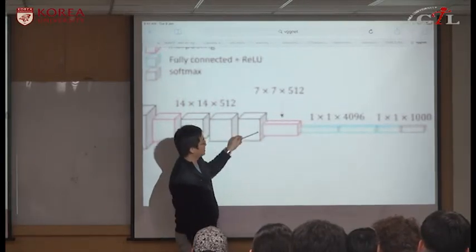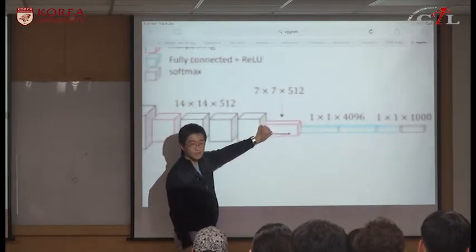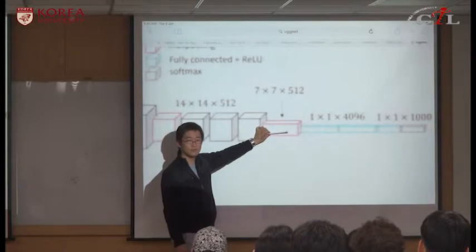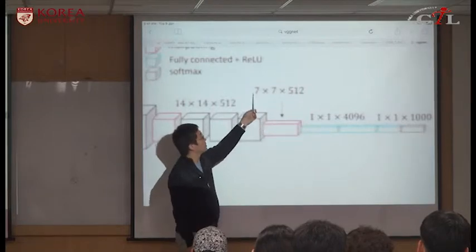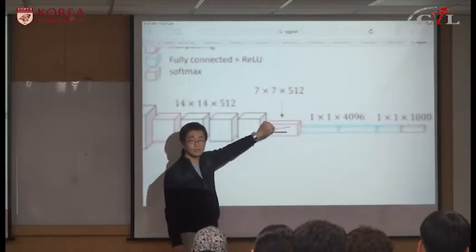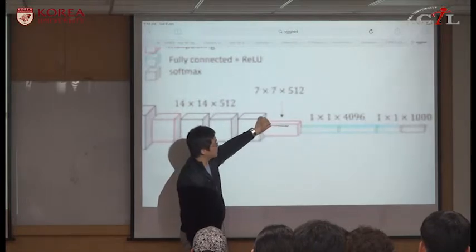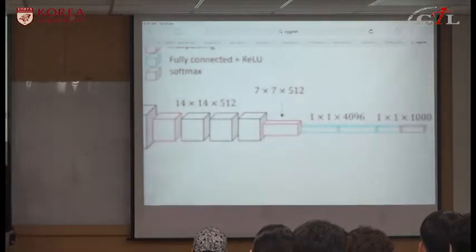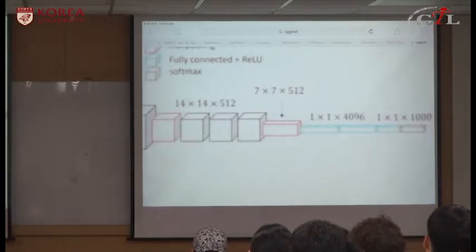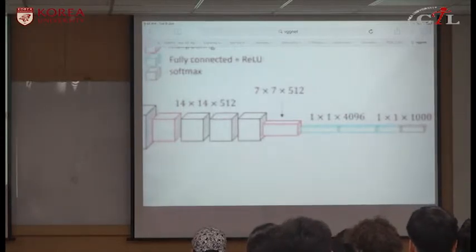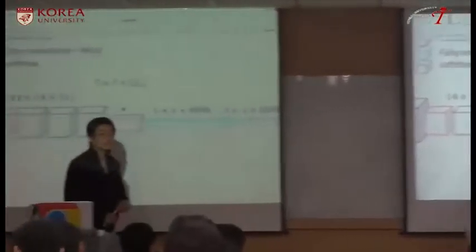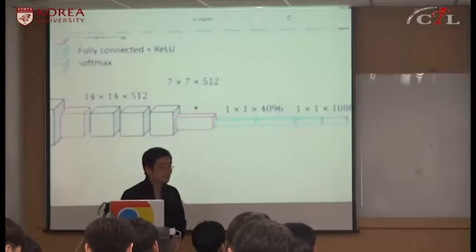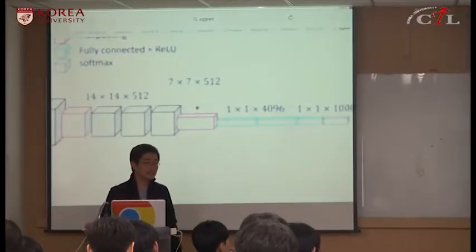Each horizontal vector is 512-dimensional, and we have 7 by 7, or 49, different positions. We just put those vectors together and concatenate them into one single vector. That's how we understand this fully connected layer.